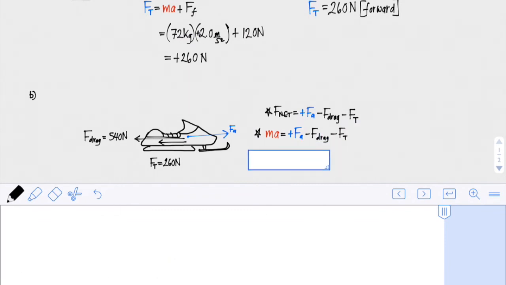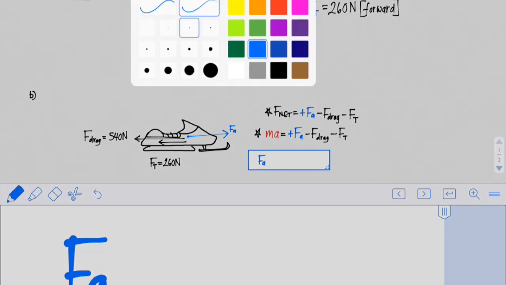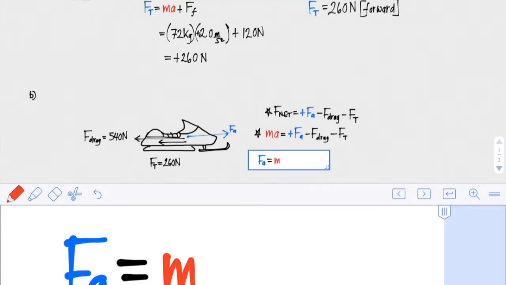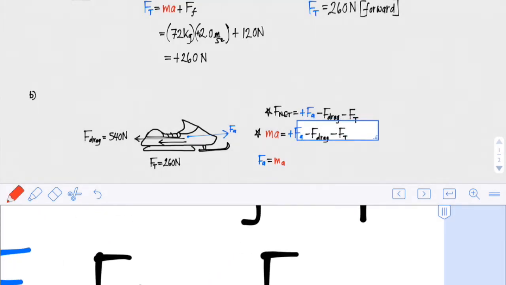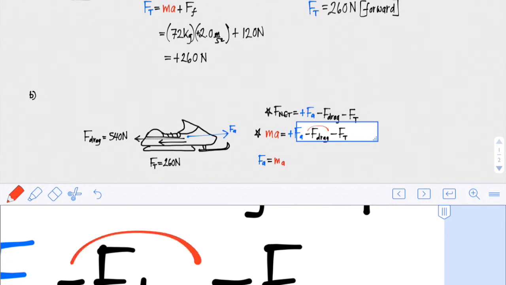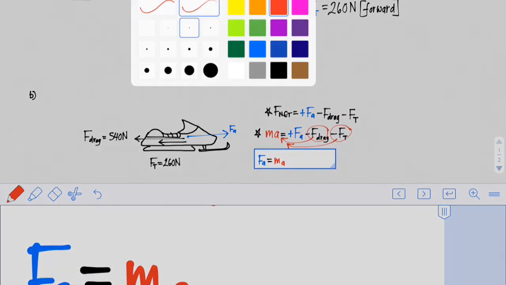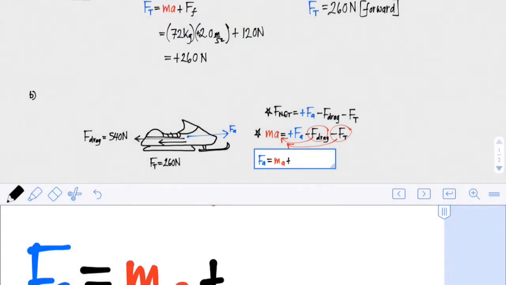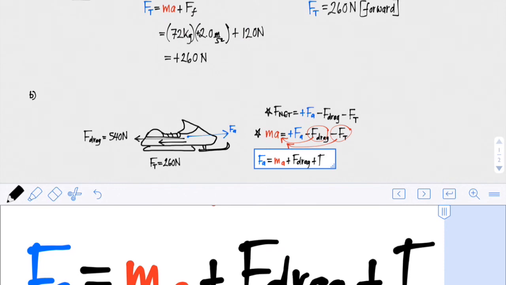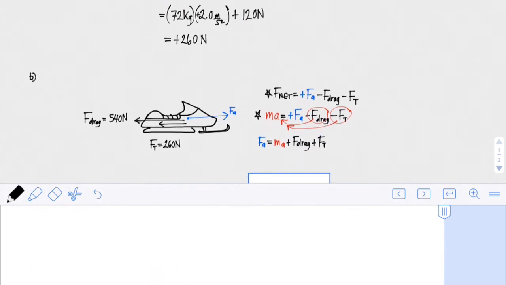So from here, we can rearrange this equation and solve for the applied force. So the applied force is equal to MA, and when we bring these two over the equal sign, their signs change. So they'll become positive, so it's plus the drag force plus the force of tension. So let's sub and solve.